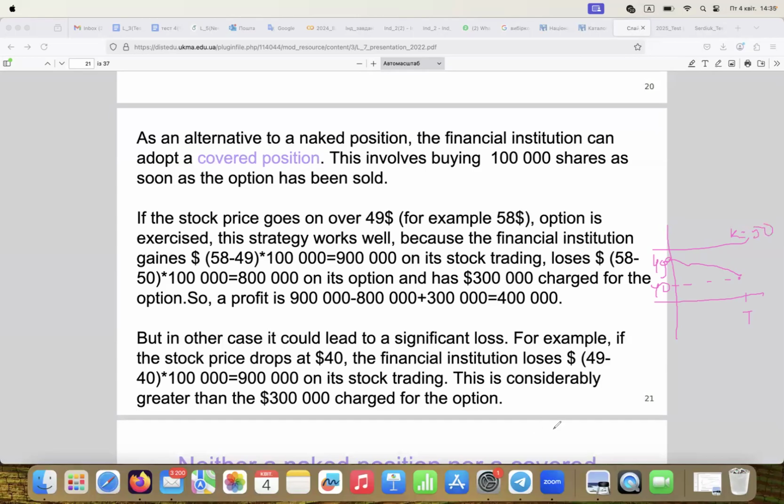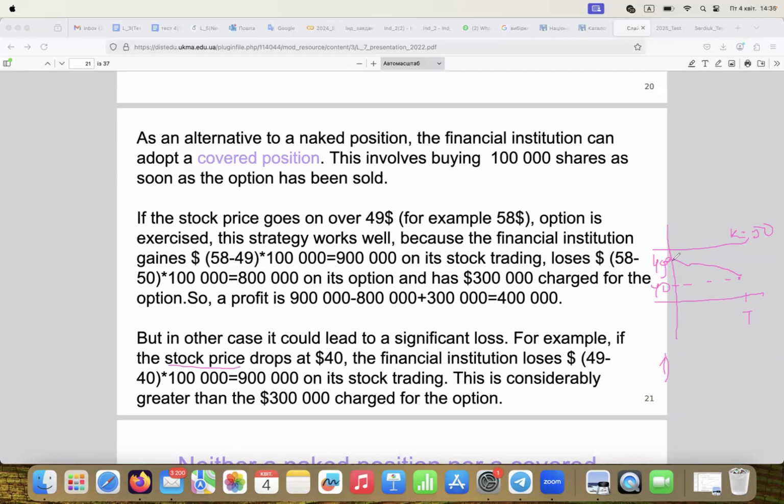What about stock trading? We bought stocks for 49, but at this time its price is 40. So is it profit or loss for the stock? The stock price drops to 40.